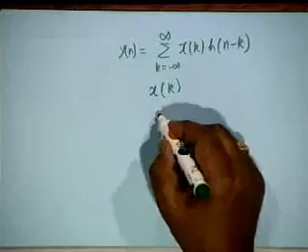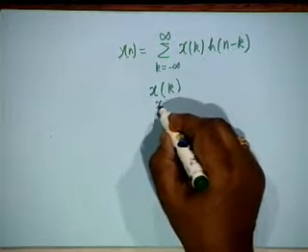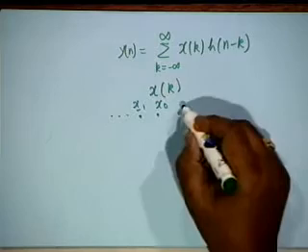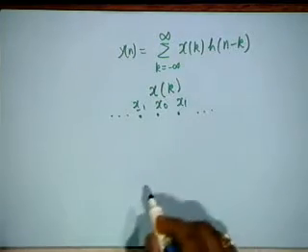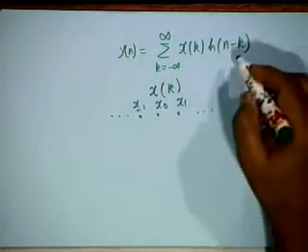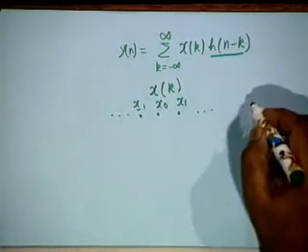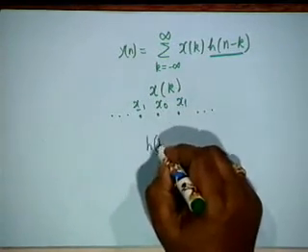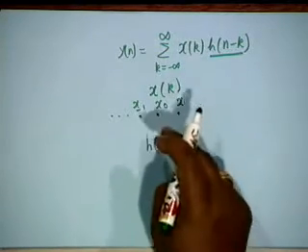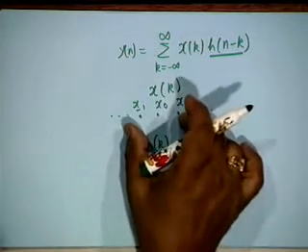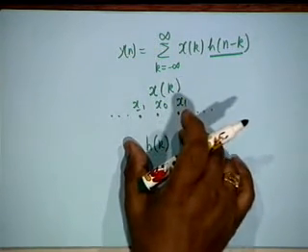Alright, x of k, you put down the signals starting with x0, you might have x of minus 1, you might have x1 and so on. Then for finding h of k, the next step would be draw h of k, put these signals in their appropriate places, with appropriate values of k below the x signal.